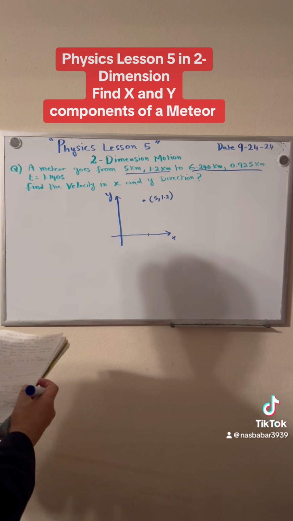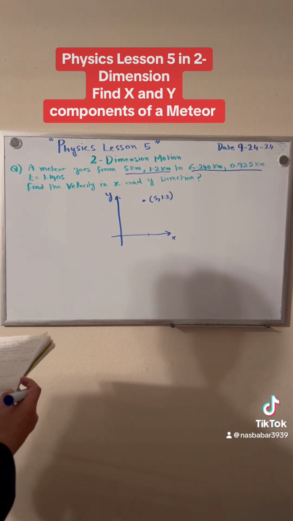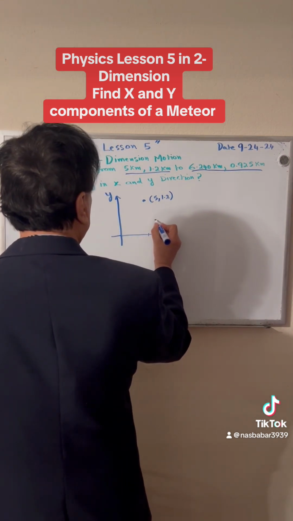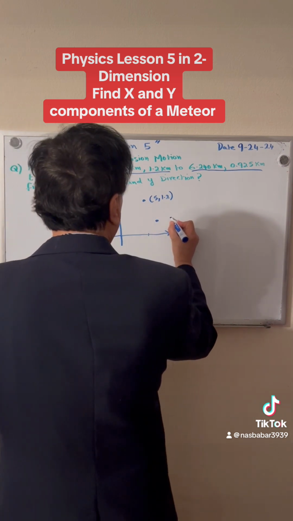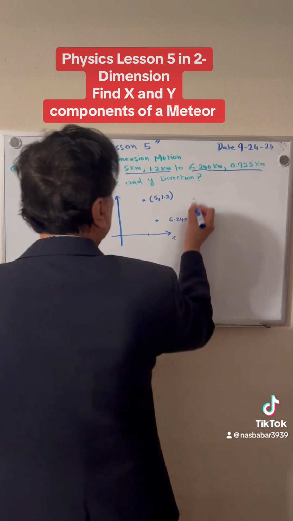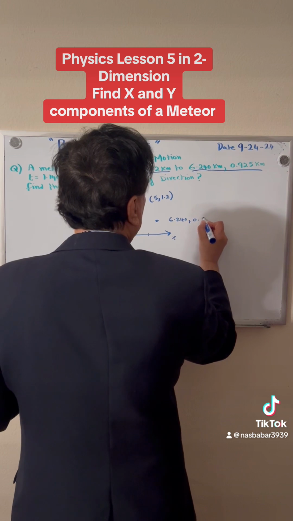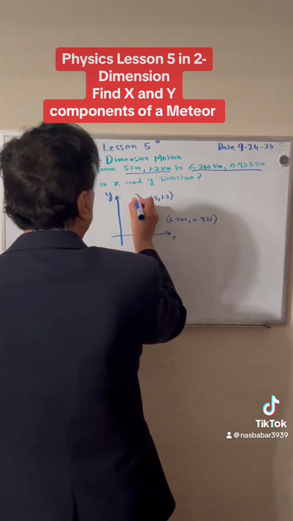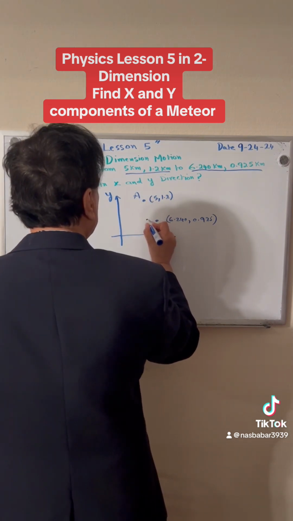Point B is, let's say, right here somewhere. The coordinates of point B are 6.240 kilometers and 0.925 kilometers. Let's call this point A and this point B.